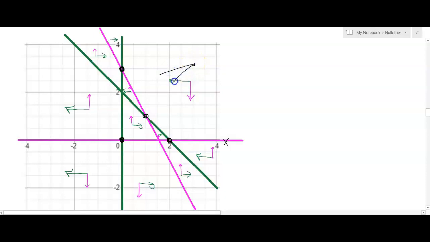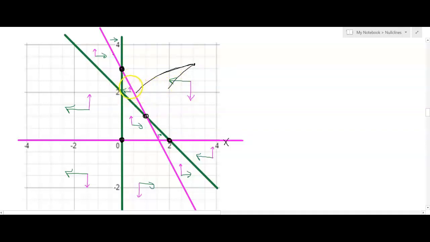Now, whether it's exaggerated, we can't tell based upon that, but this trajectory can flow this way. But what happens if it bumps into this? Well, that is a y nullcline. That's where the rate of change of y is 0. So we see that there's a left component to the vectors on the right side of this y nullcline, and there's a left component to the vectors on the left side of this nullcline.